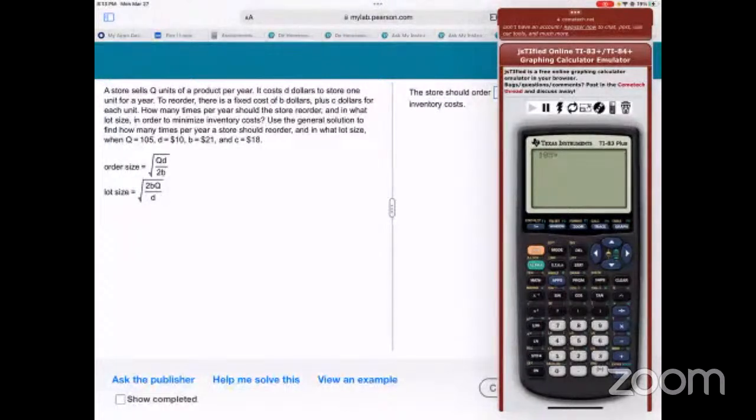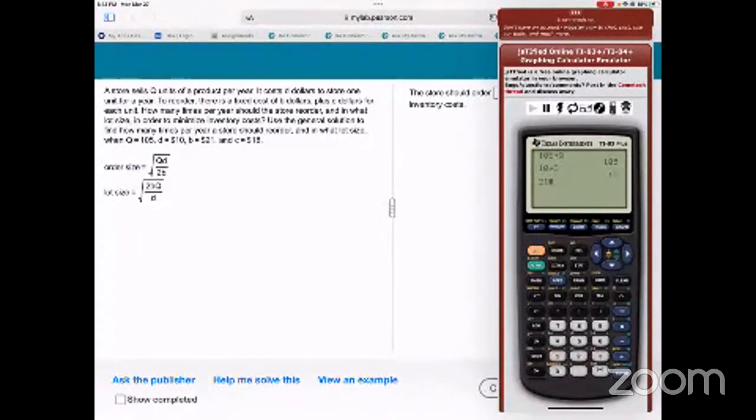I'm gonna hit alpha Q. Okay, so I want to store that for Q. I want to store 10 stored as alpha D. I think this should work. Okay. 21 stored as alpha B. Okay. And 18 stored as alpha C. Okay.